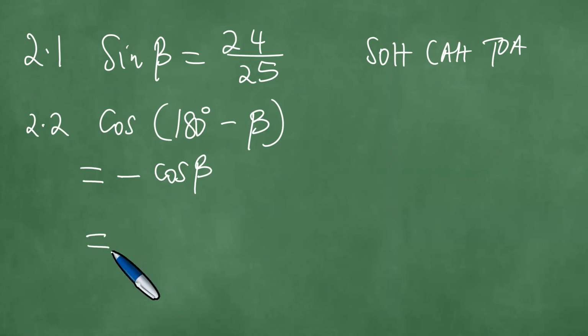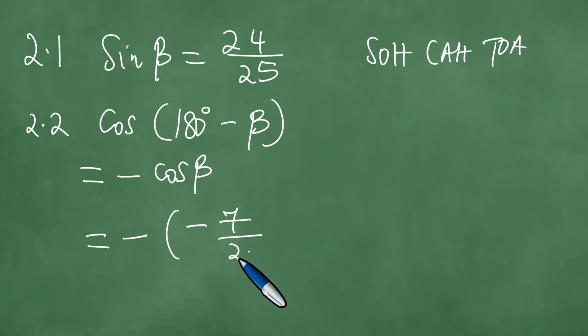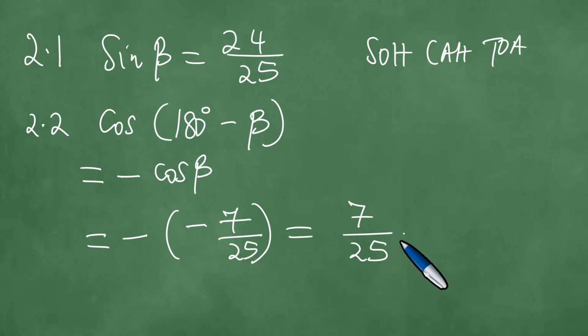So there is a negative in front, and you have minus 7 out of 25. Right, you note this one.